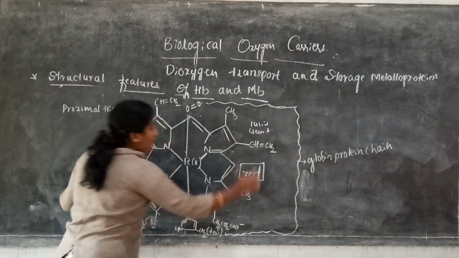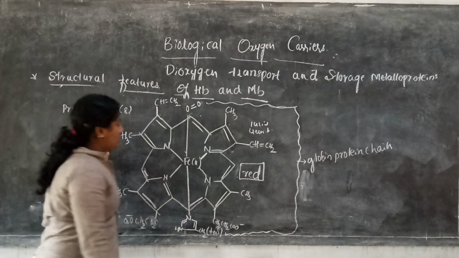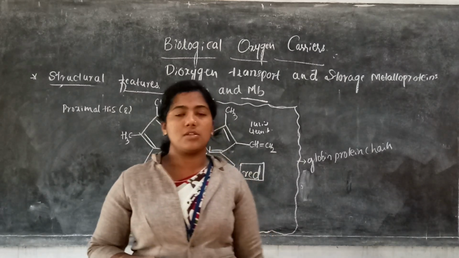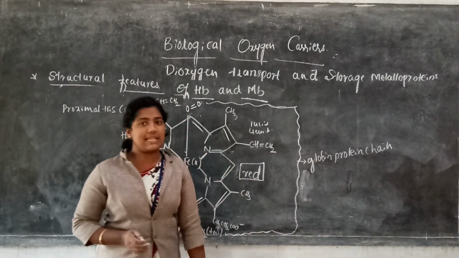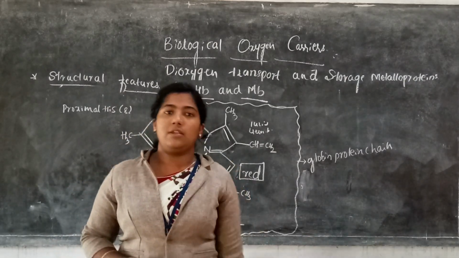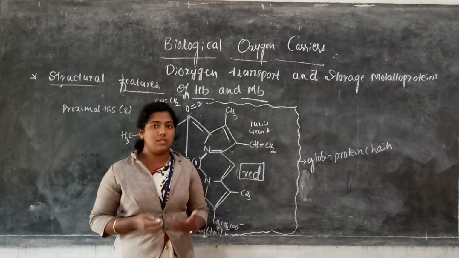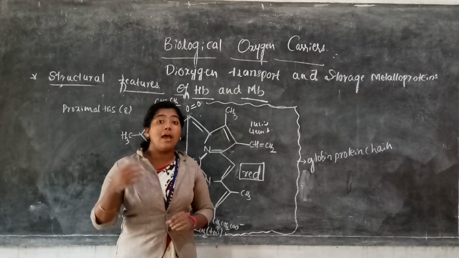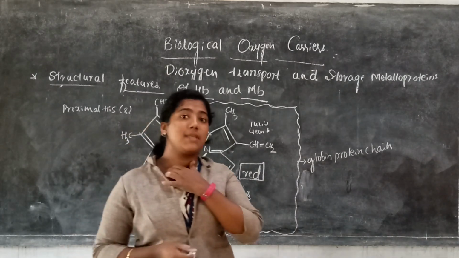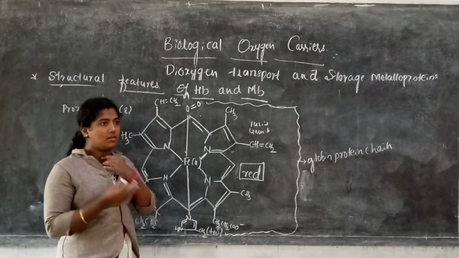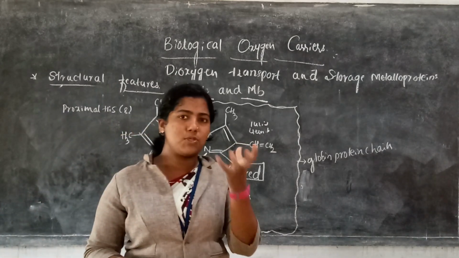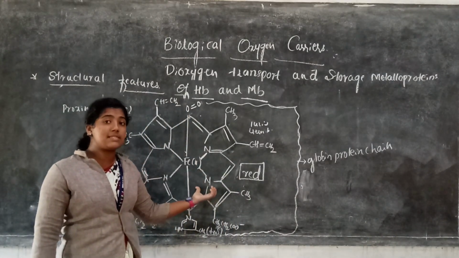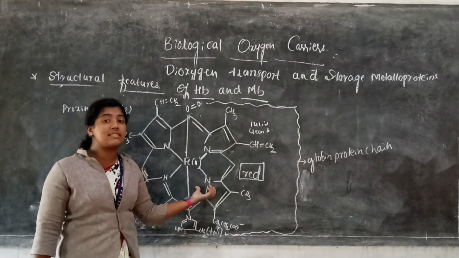After oxygenation, hemoglobin and myoglobin absorb light and appear red. Why? In the previous class I explained why chlorophyll looks green: it absorbs both blue and red light, in the regions of 430 to 480 nanometer and 645 to 680 nanometer. Here also, hemoglobin and myoglobin absorb some wavelengths at 400 to 600 nanometer.